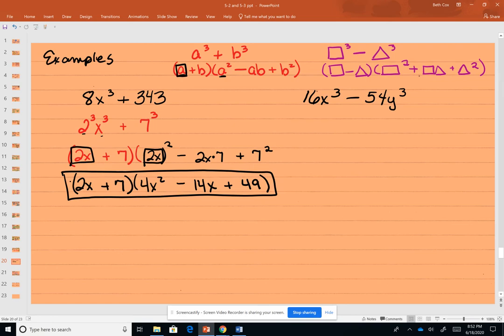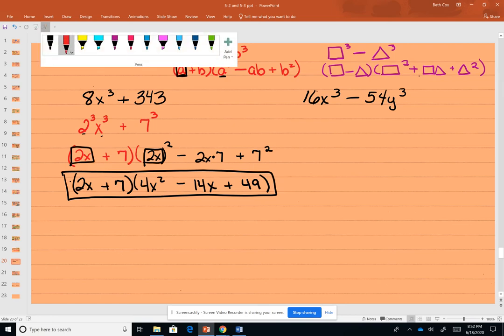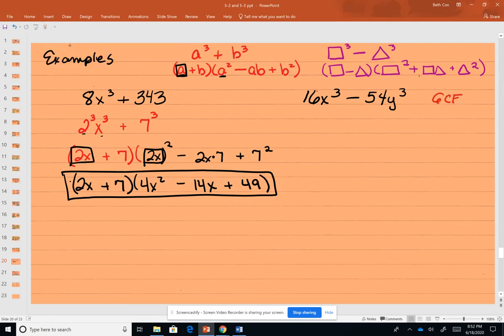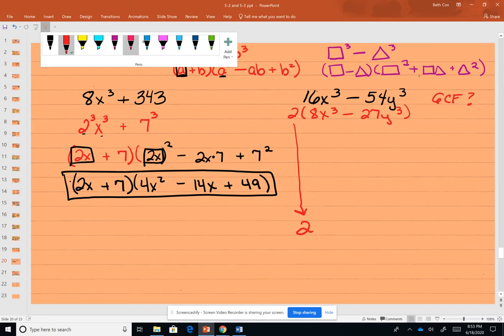How about a GCF? Yeah, there's a 2. If I take out the 2, then I have 8x to the third minus 27y to the third. So now there's a 2 that came out, and that's going to be part of my final answer, but it's not part of my problem anymore.